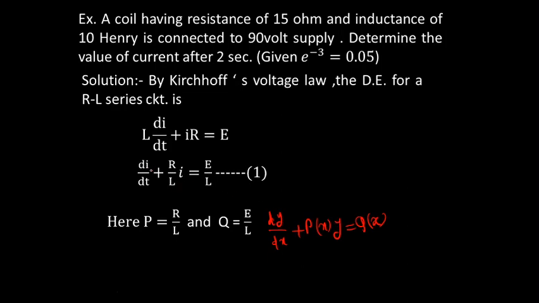Here the role of y is being played by I, and p is R by L and q is E by L. Here y is I, whereas x is t, so accordingly changes need to be made.